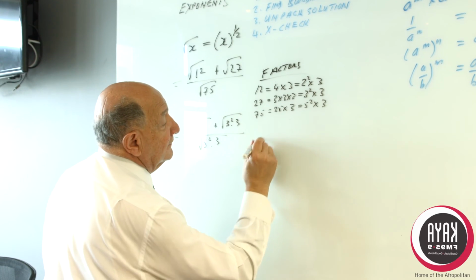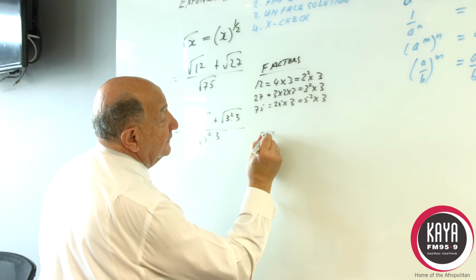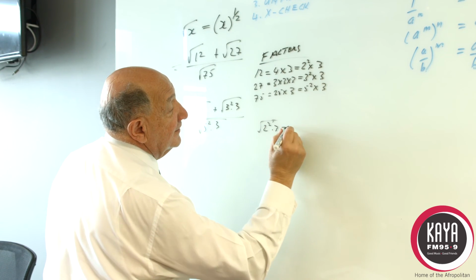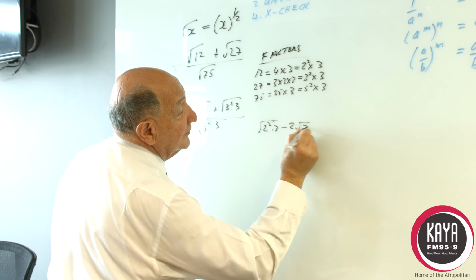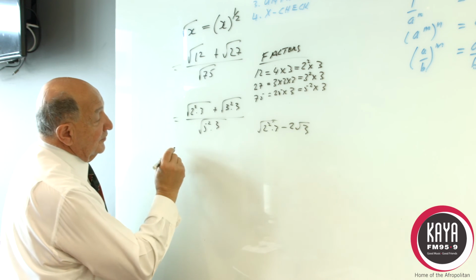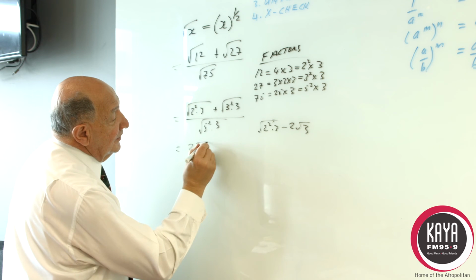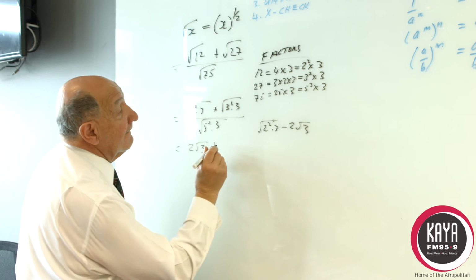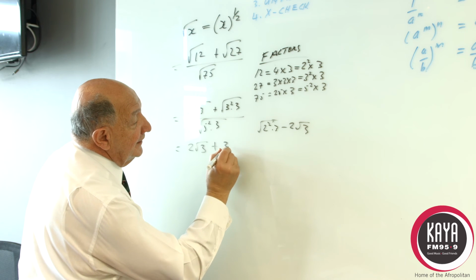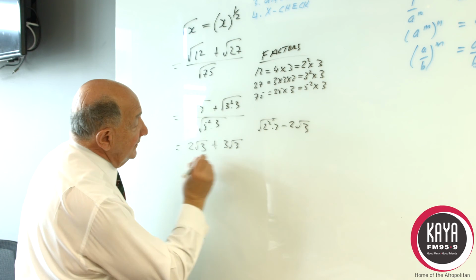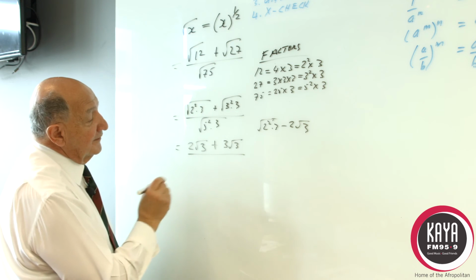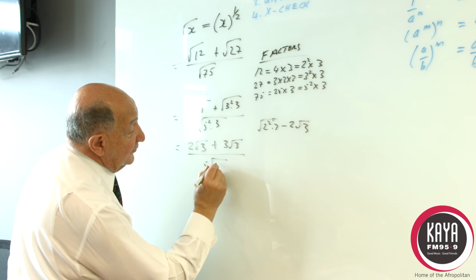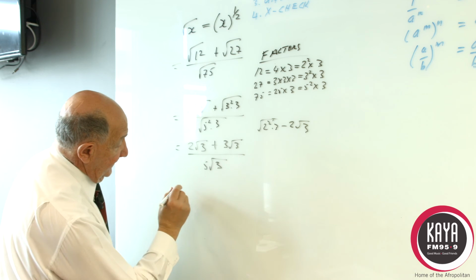So if you have a square root of 2 squared times 3, that's actually equal to 2 square root of 3. So this one becomes 2 square root of 3 plus 3 square root of 3 divided by 5 square root of 3.